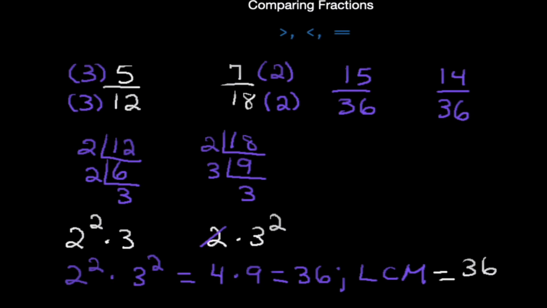So now we can compare the fractions. 5/12 is greater than 7/18 because notice 15 over 36 is larger than 14 over 36. So that means 5/12 is greater than 7/18. All right. So let's go ahead and move on with a couple more examples here.